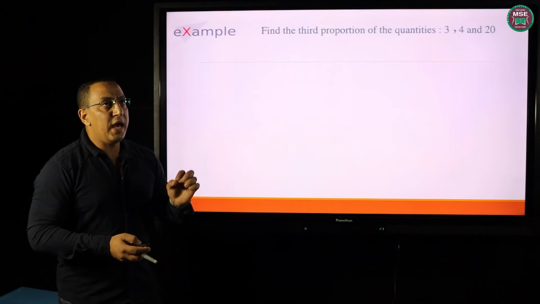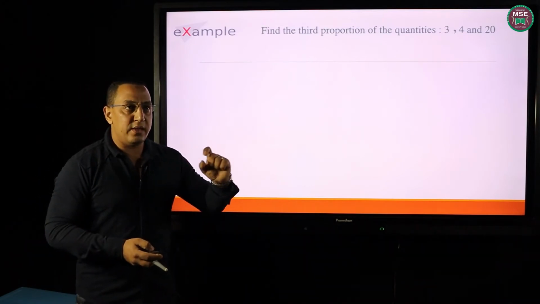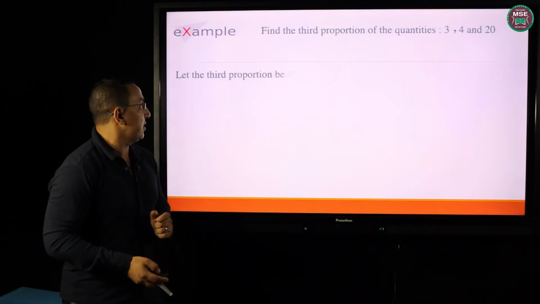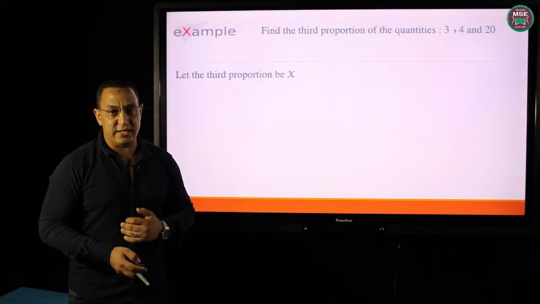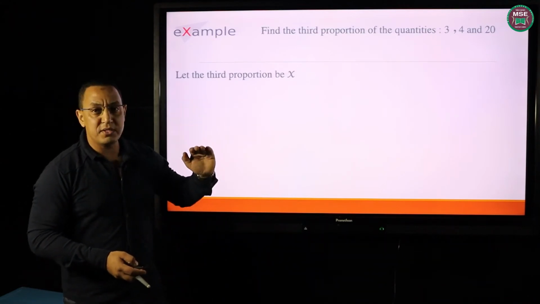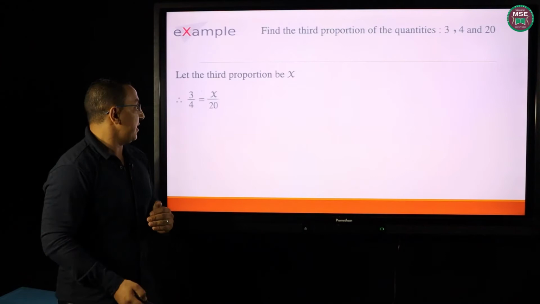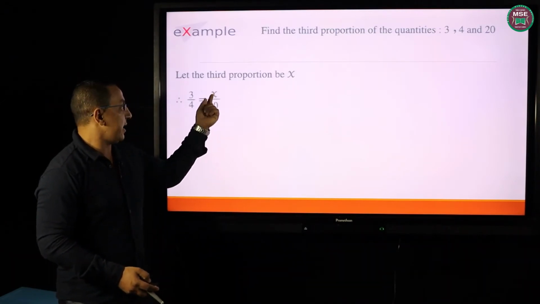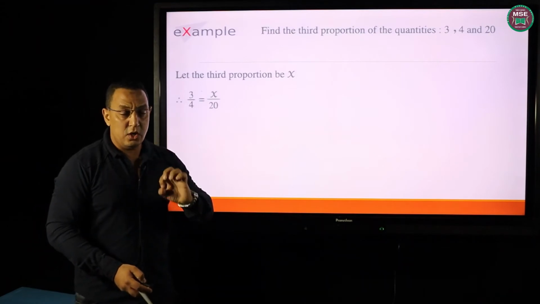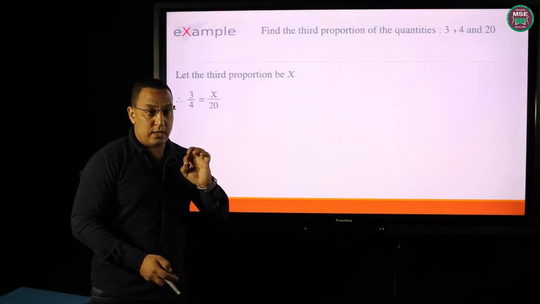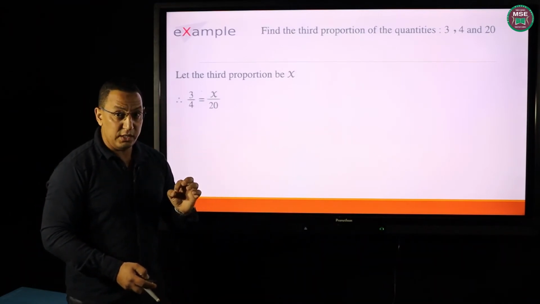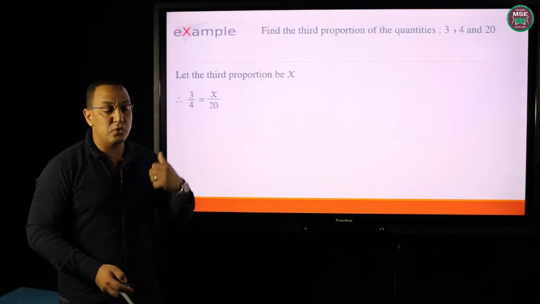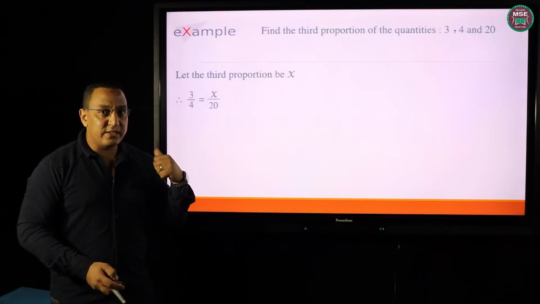Okay, we are going to call the third proportional x. Let the third proportional be x. So I can write the numbers in form of proportion like this, 3 over 4 equals x over 20. I put x in the third position, or the position of the third proportional.